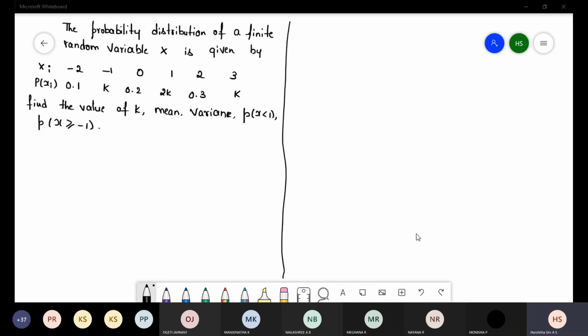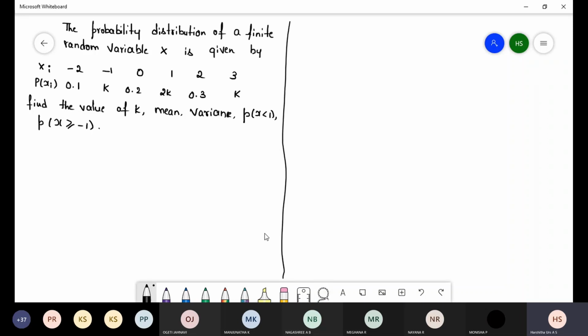In total, they asked us to find 5 terms. So what do we have to do now? First, again write the condition: p of xi is greater than or equal to 0 and the sum of p of xi is equal to 1.